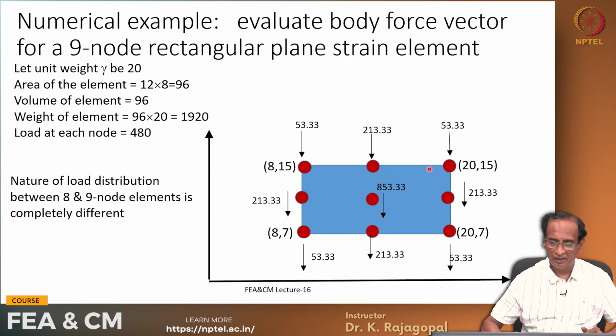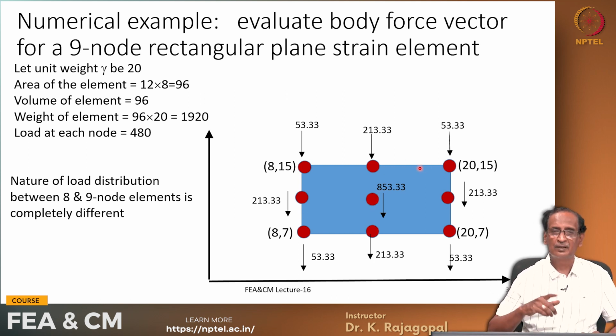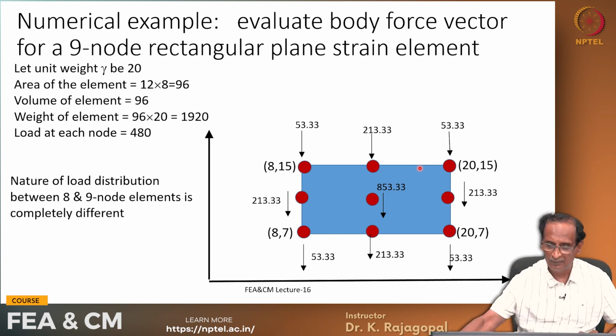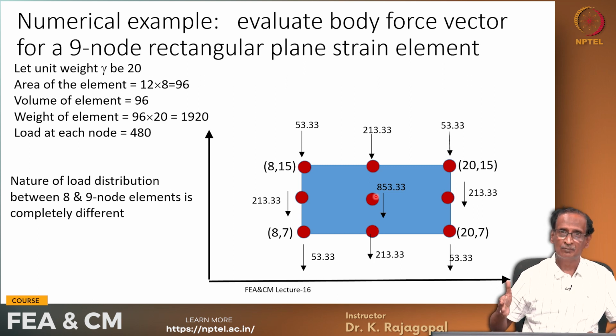And here is the distribution for a 9 node quadrilateral. Previously we had seen for 8 nodes, now we have it for 9 nodes. When we have the 9th node, you see all the loads are pointing downwards. Previously with the 8 node element the load at the corner nodes was acting up.